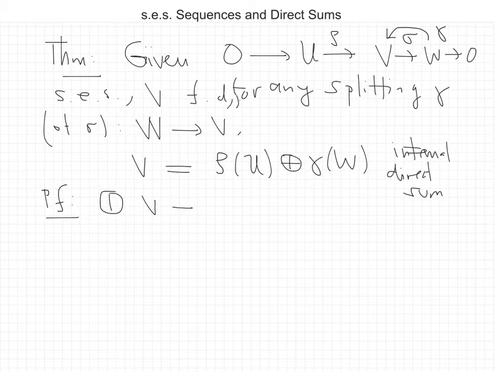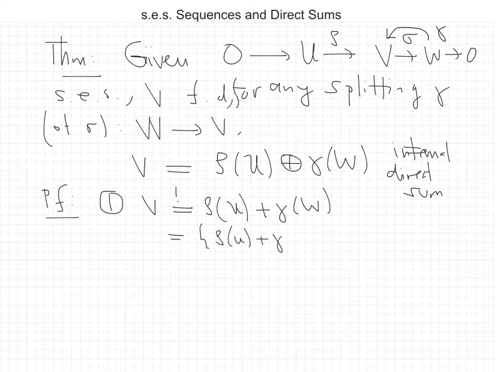The first thing to prove, and I may indicate it like that, this still has to be proven, this equality sign, that V is actually equal to rho of U plus gamma of W, where this, without the circle around the plus, is the set of all rho of u plus gamma of w, where u runs through the whole vector space U and w runs through the whole vector space W. Now how do I see that?